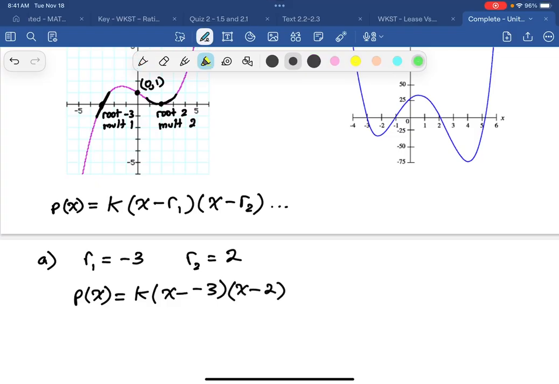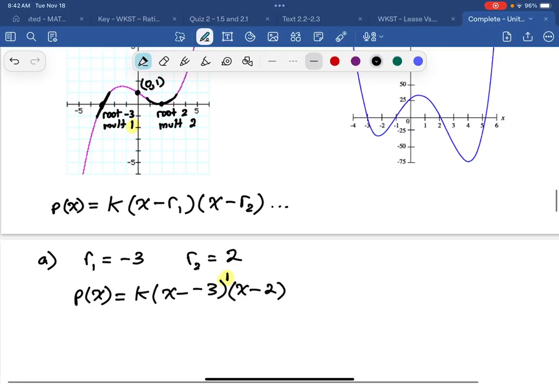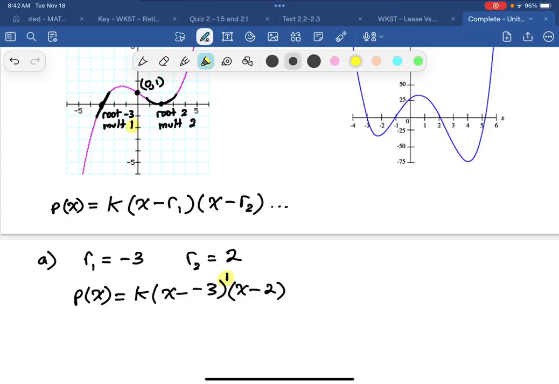Now, the root r1 equal to -3 had a multiplicity of 1. So I'm going to assign an exponent of 1, which means I'm not really assigning anything unique. But here I have a multiplicity of 2, so this binomial is going to get a power of 2.